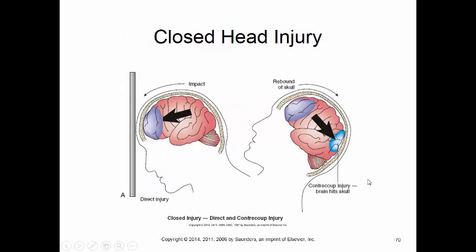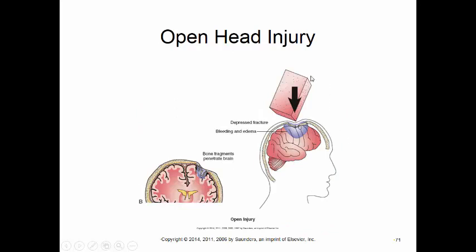So this is a contracoup where the skull hits here and then it bounces off in the back, and you can see it hits in the back when you go backwards. So a direct injury and then a contracoup. Both can happen at the same time. Here's an open head injury with a depression fracture where the brain actually pushes the skull down into the brain.